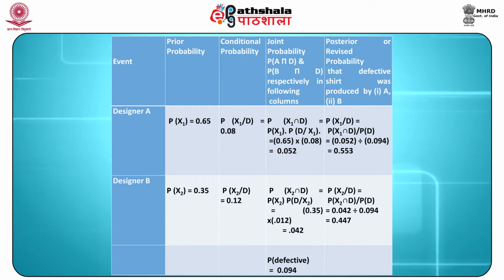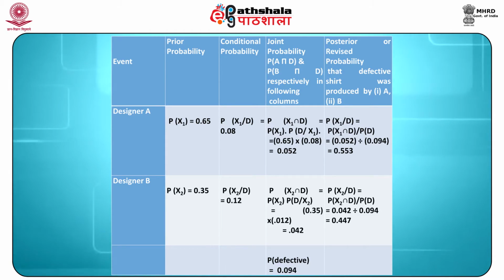One way to lay out a revision of probabilities problem, which is the Bayes rule, is to use a table which shows the analysis for the shirts problem.